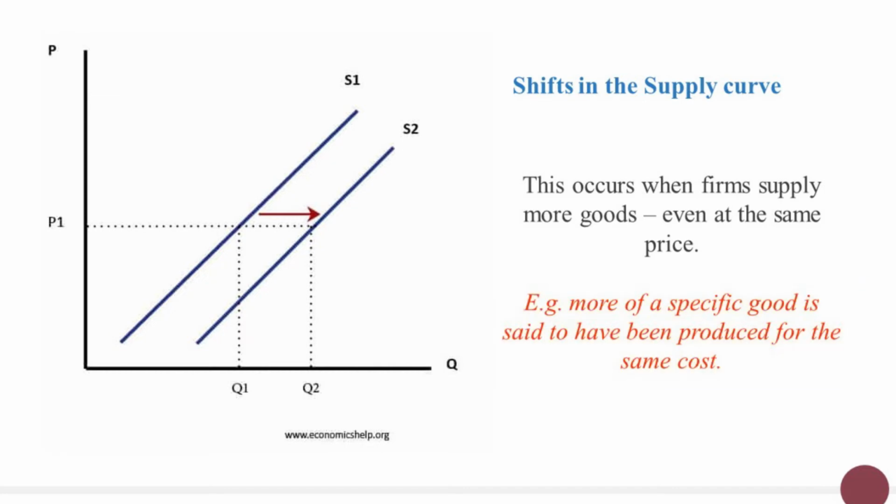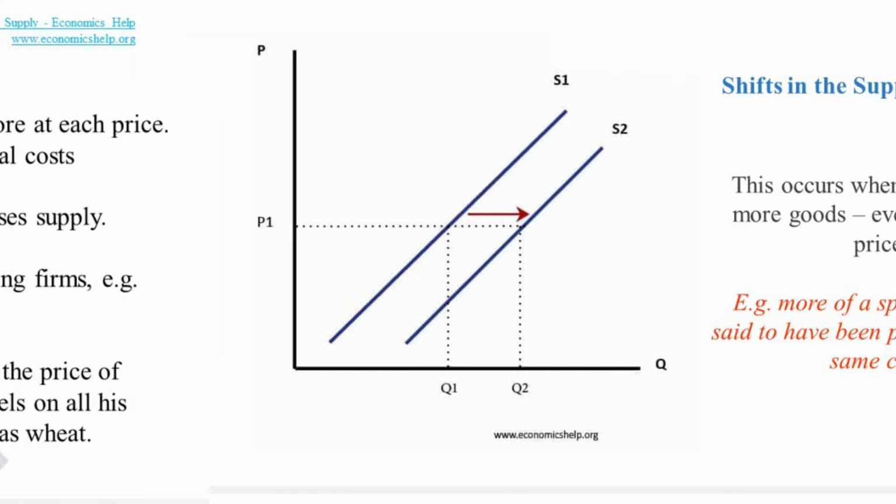This is summarized using price that is constant. And as we can see on the chart, quantity has moved from level 1 to level 2, which indicates that quantity has increased for the same price. Therefore, the supply curve has shifted from supply 1 to supply 2.